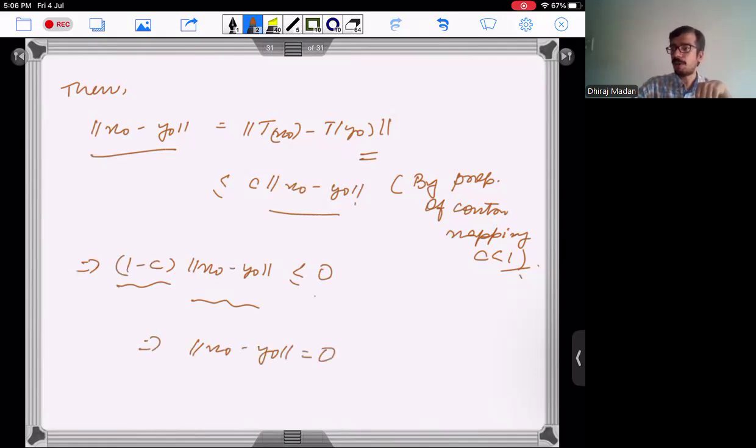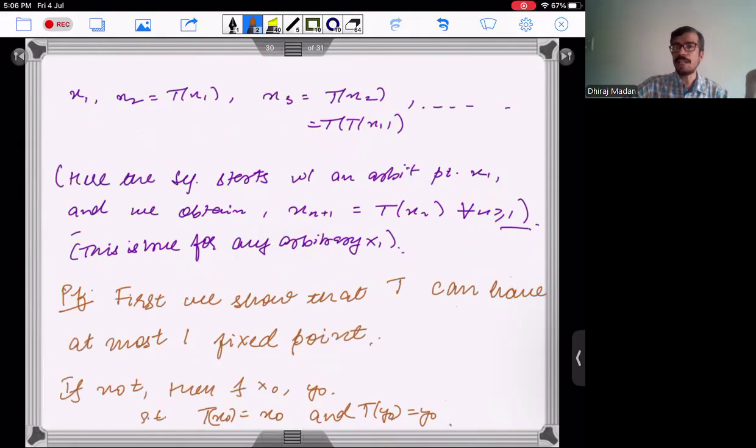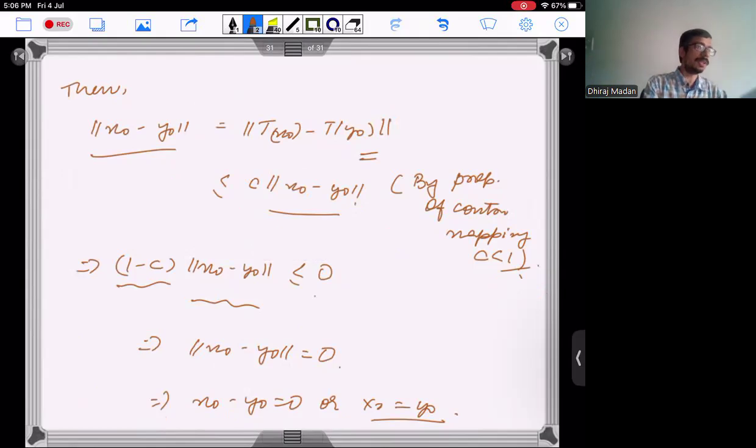And by the property of norm, x naught minus y naught is 0, or essentially x naught is equal to y naught. So if at all there is a fixed point, it must be unique. Even if we assume there are two points x naught and y naught, both satisfying Tx naught is x naught and Ty naught is y naught, then x naught must be equal to y naught.